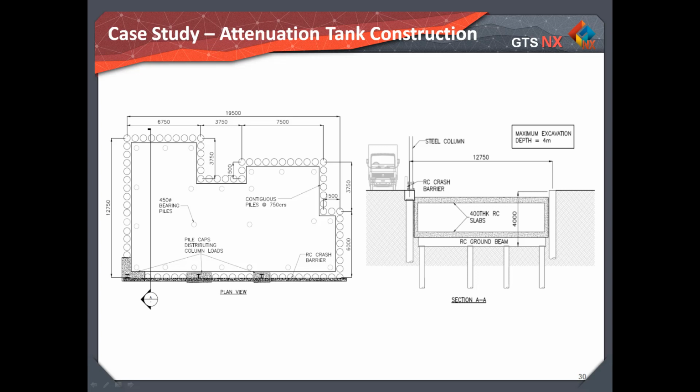The right-hand side is a section through the tank. The structure of the tank also requires some bearing and reinforced concrete ground beams to support the tank in permanent conditions and when in use.